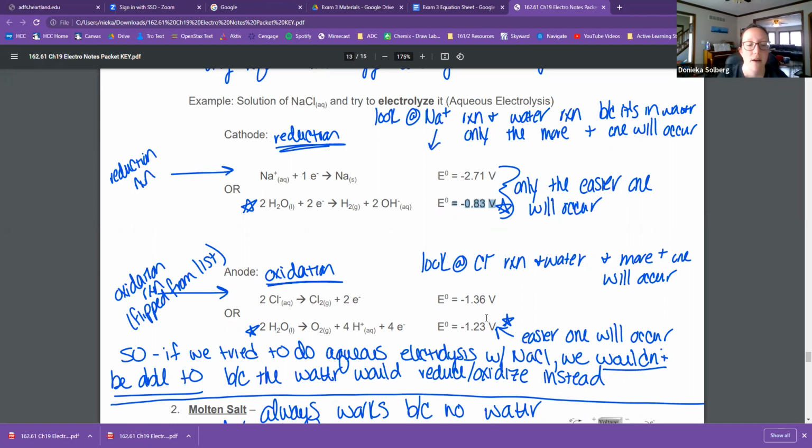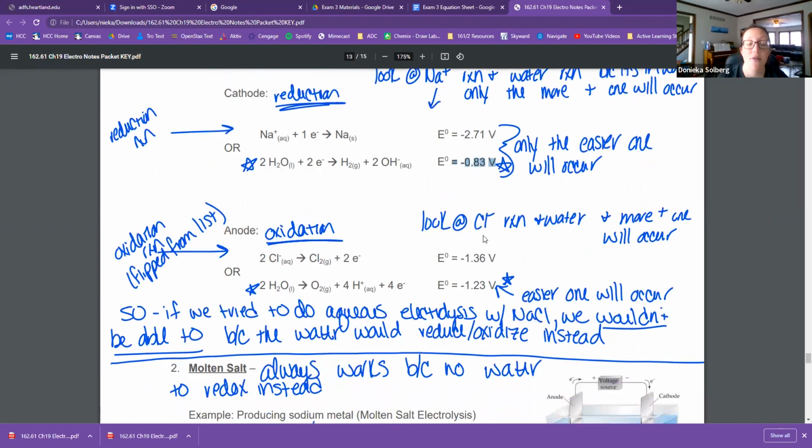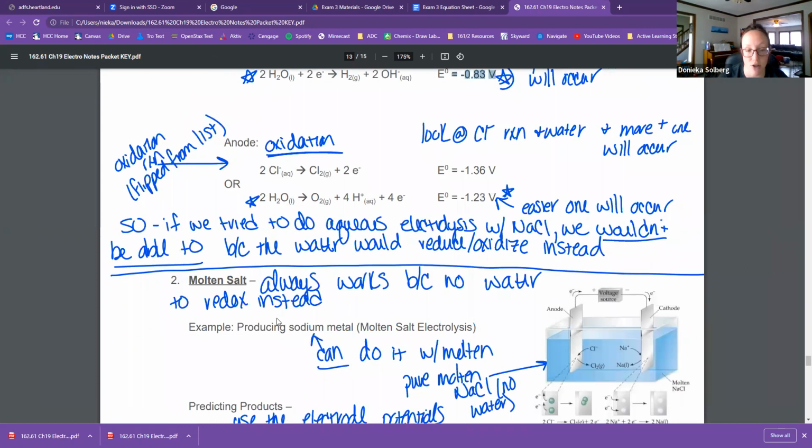Okay, so if it's not going to happen, sodium chloride, I can't turn it into solid sodium and chloride gas using an aqueous electrolysis. The other option is molten electrolysis. Now, molten electrolysis is always going to get you what you want because there's no water involved that could reduce or oxidize.